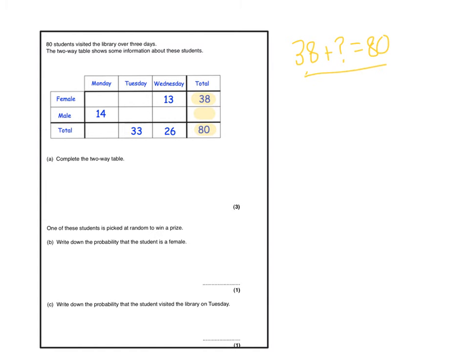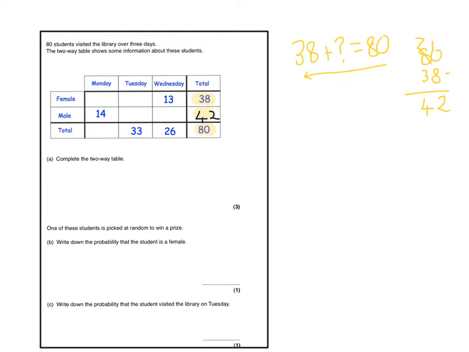So if I do it backwards, 80 take away 38. So I need to take that down to 7 and borrow the 10. 10 take away 8 is 2. 7 take away 3 is 4. So that there is actually 42.